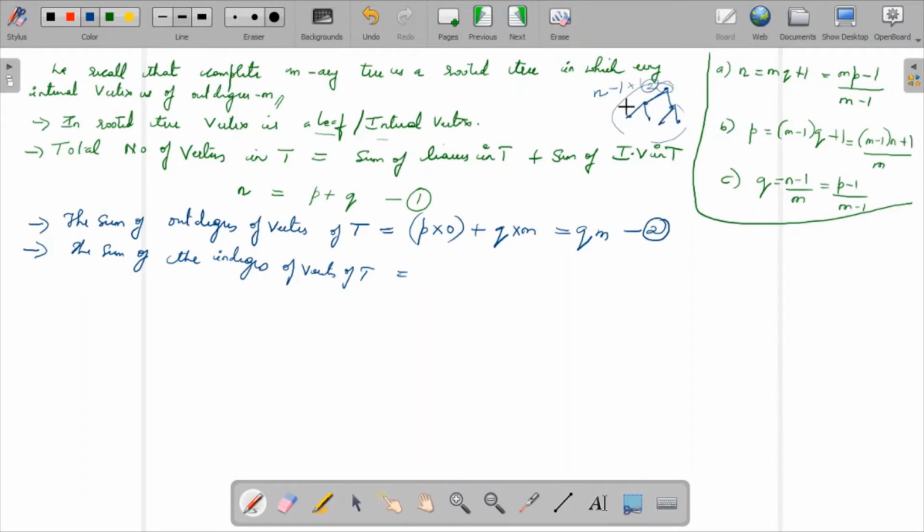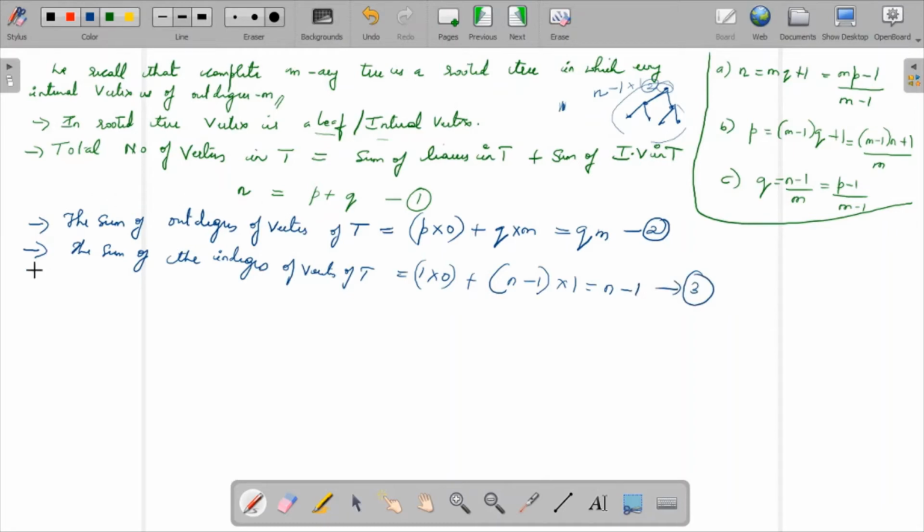So we can write 1 into 0 for the root, plus n minus 1 vertices, including leaves and internal vertices, as 1. That is nothing but n minus 1. This equation we consider as 3.